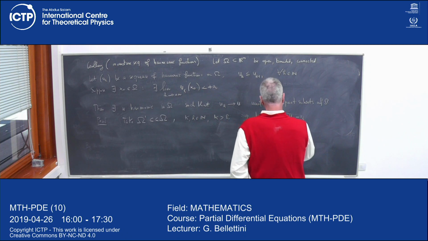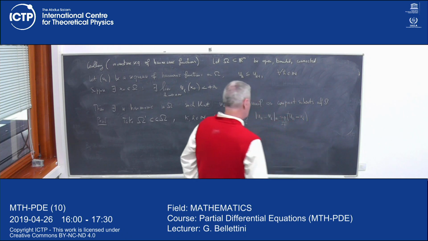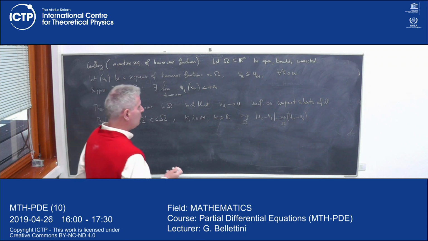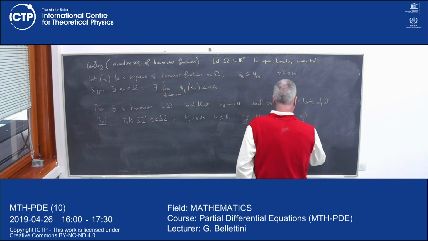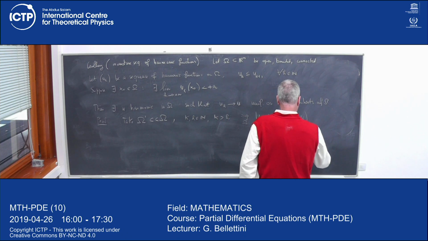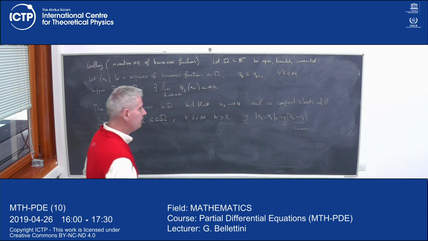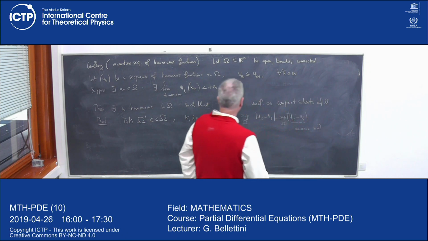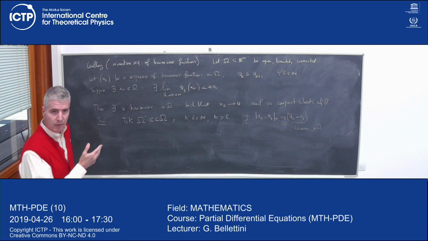Now, of course u_k minus u_h is harmonic in omega. So we are in a position to apply the previous version, the last version of the Harnack inequality in omega and omega prime.